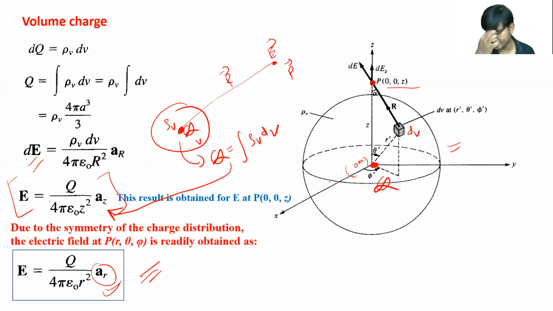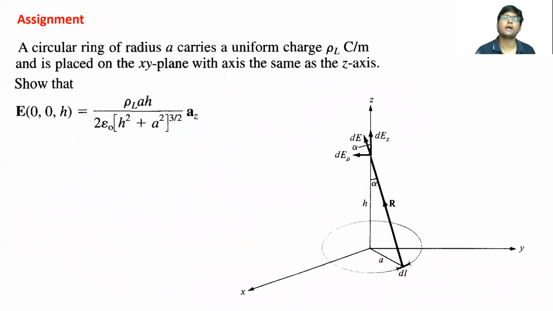Depending on this exact phenomenon, I am going to give you one assignment in which you will have to calculate the electric field at a particular point, which is given by 0, 0, h, because of a circular ring. This is a circular ring, not a surface.